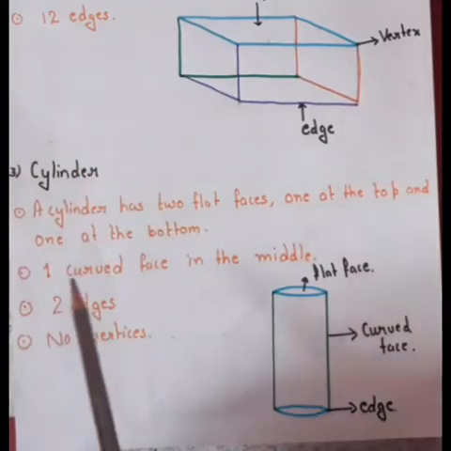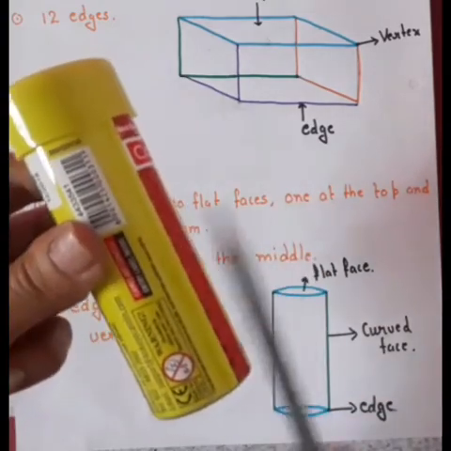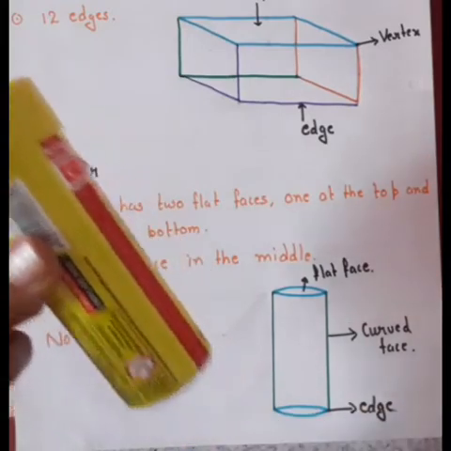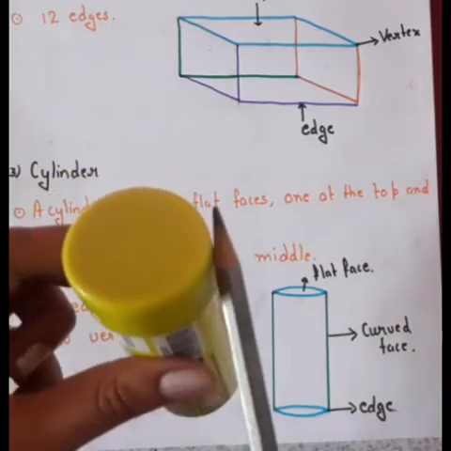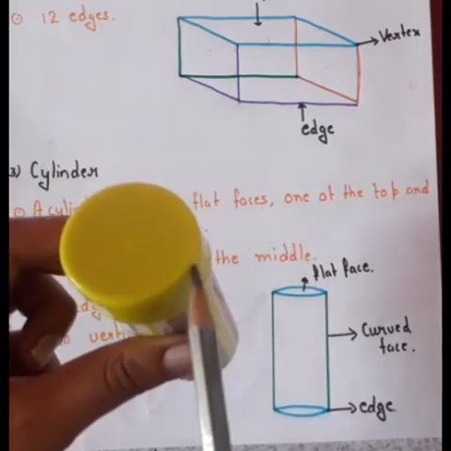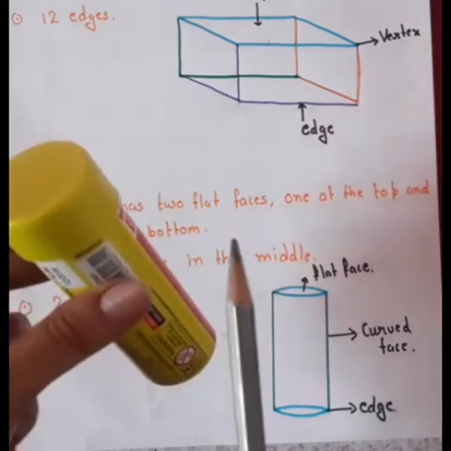Clear? Next, one curved face in the middle. This part is known as the curved face. And these are known as the edges. As this face and this face are meeting over here, these are the edges. So one and two edges.